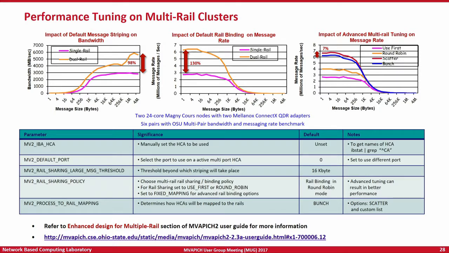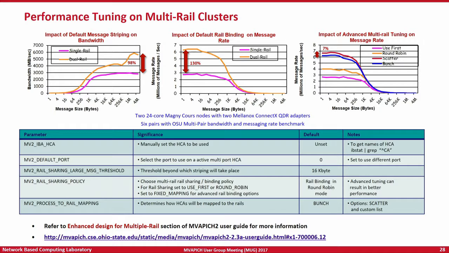If the process-to-rail mapping is incorrect, or if the processes end up using the incorrect HCAs, you would get very, very bad performance at the application level or even the macro benchmark level. Yes? So these are environment variables, right? Yes. So currently does MVAPICH have support for figuring out what the right process is? As in, does MVAPICH automatically do this? Yes. Automatically rectifying the optimal? Yes. Okay.